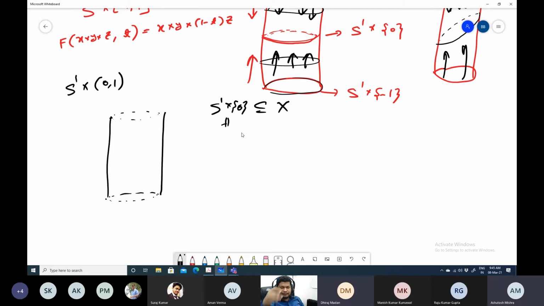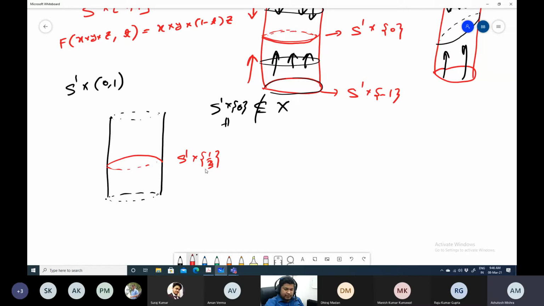We can take S1 cross half. So we cannot take the boundary circle. Instead of the boundary circle, we can take any other circle. We can take not only half, you can take S1 cross 1/3 as well. The edges will behave like an open set, so its boundary will not be in the cylinder.